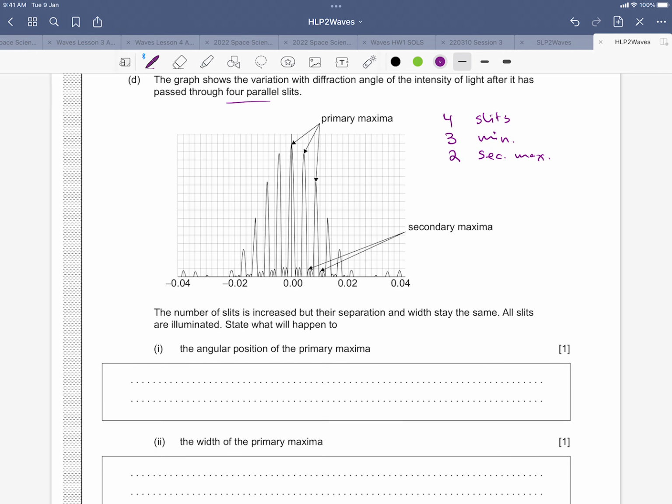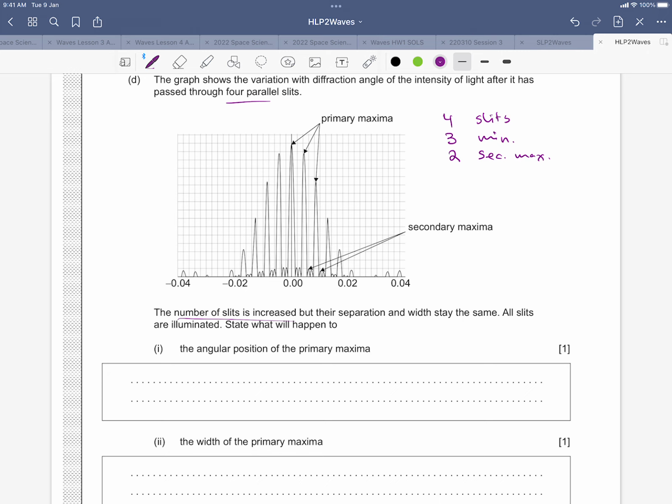Now they're going to be increasing the number of slits. Okay, so that means we're going to get many more minima between the primary maxima. Separation, width of all the slits is going to stay the same. They're all being illuminated.